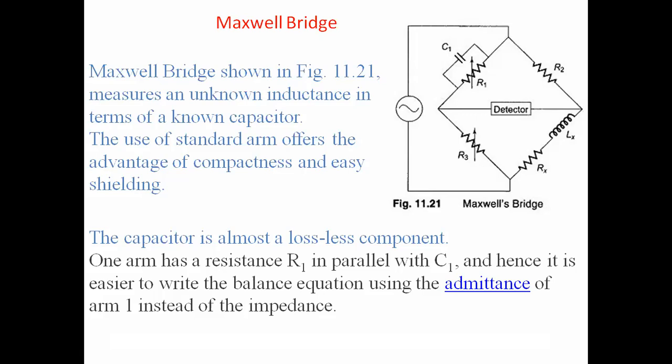Admittance is nothing but the inverse of the impedance. It is represented by capital Y, so Y1 is equal to 1 by Z1. When C1 and R1 are in parallel, it is easy to represent in terms of admittance. That's why in the coming equations we will represent arm 1 in terms of the admittance.